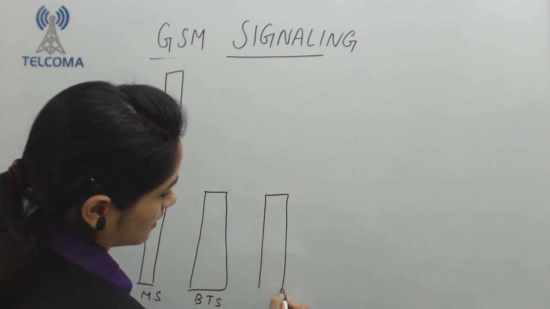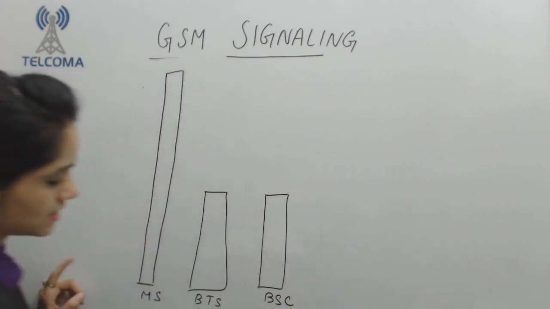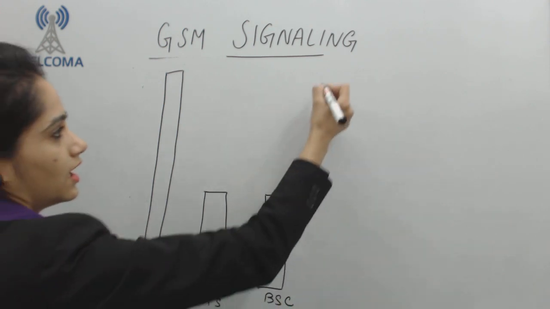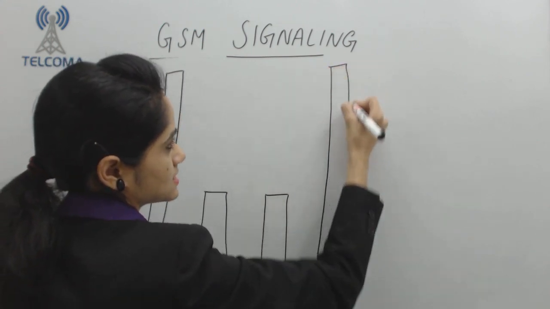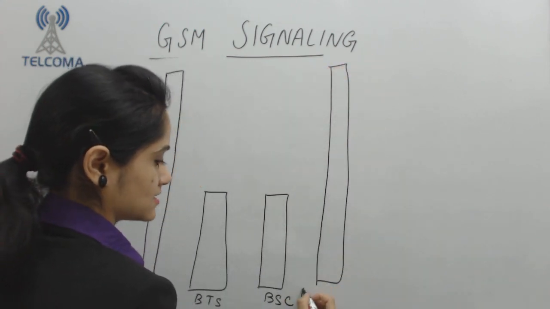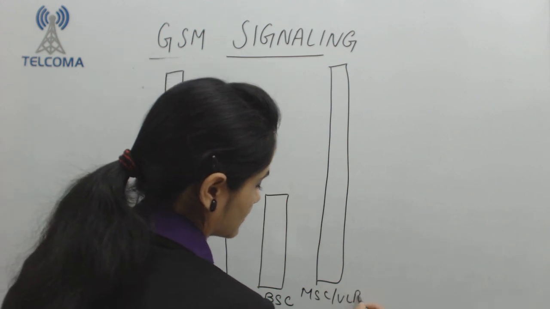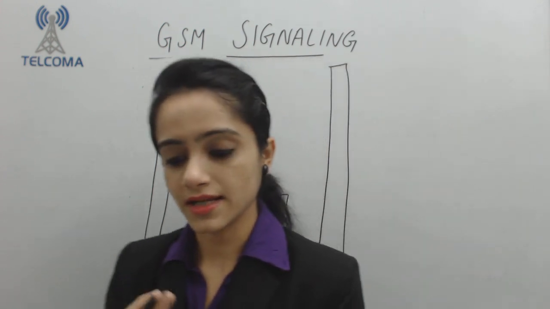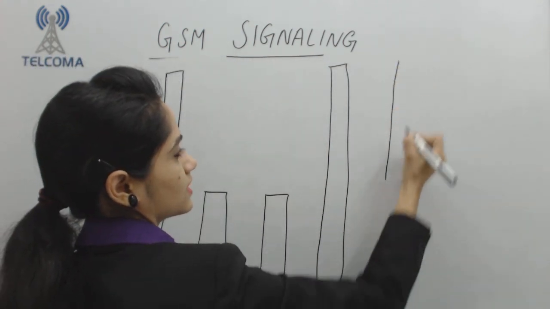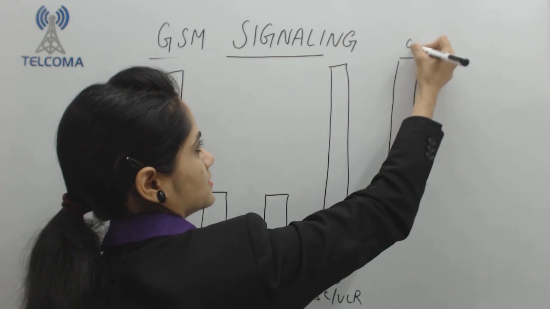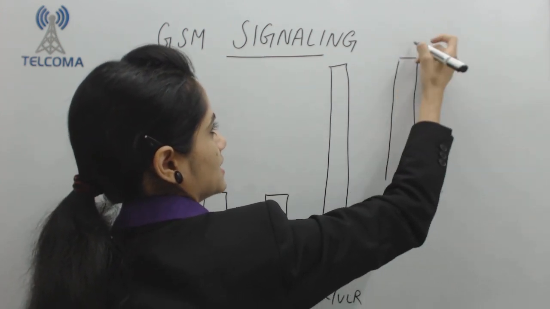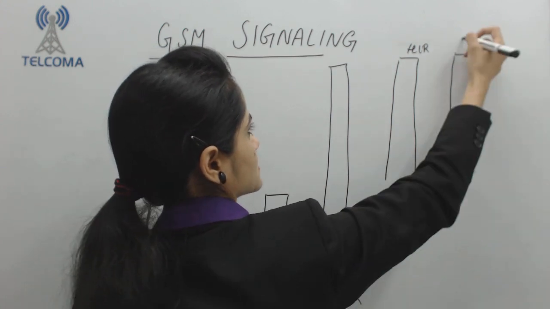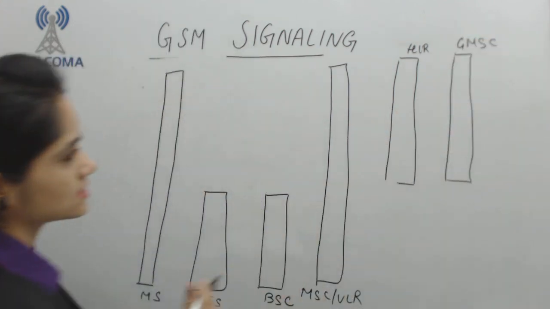Now after this we have BSC, then we have MSC. So I will write that this is my MSC and VLR. After that I require HLR and GMSC. So this is the database, this is HLR and this one is my GMSC. So these are the databases that I have attached.